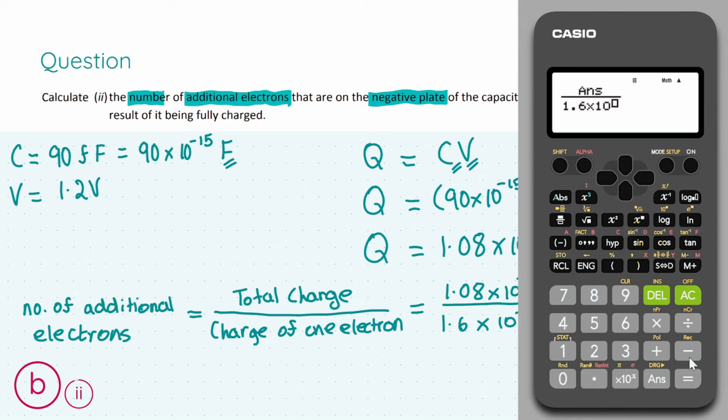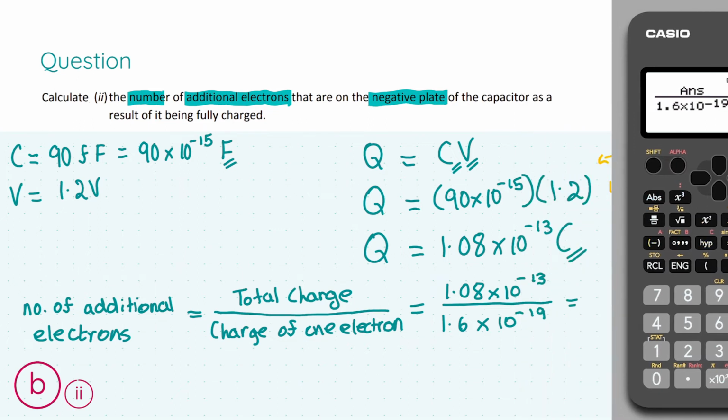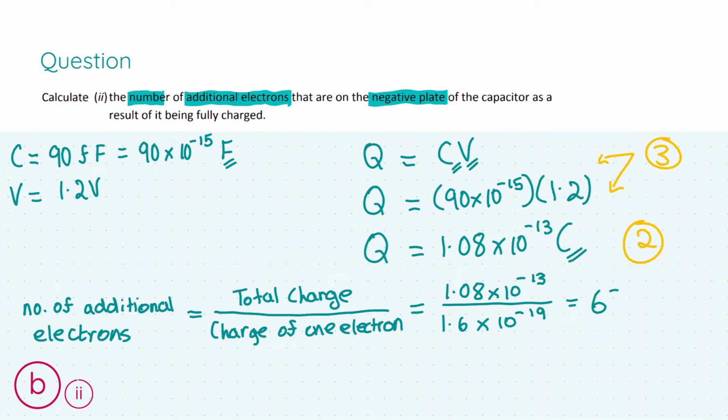Be careful putting in that scientific notation. Hitting equals, we're going to get exactly 675,000 additional electrons on that plate as a result of that tiny charge we're given. Pretty amazing. And finally, this is our final answer that we were looking for, so we're going to get an additional 2 marks for this, completing our question.